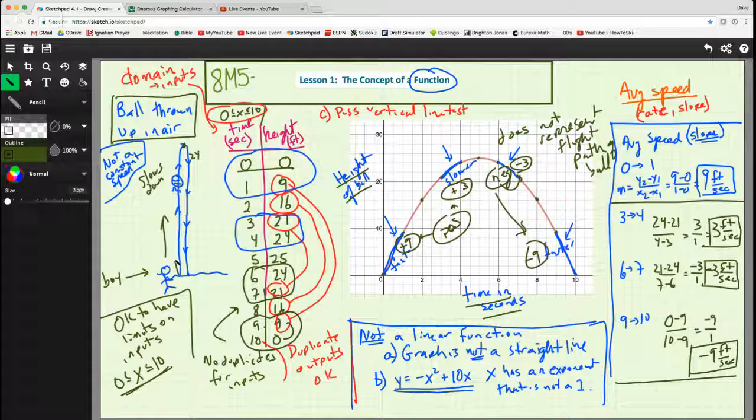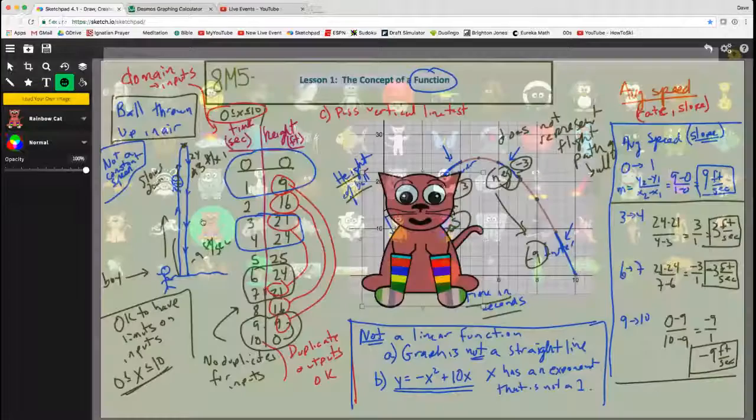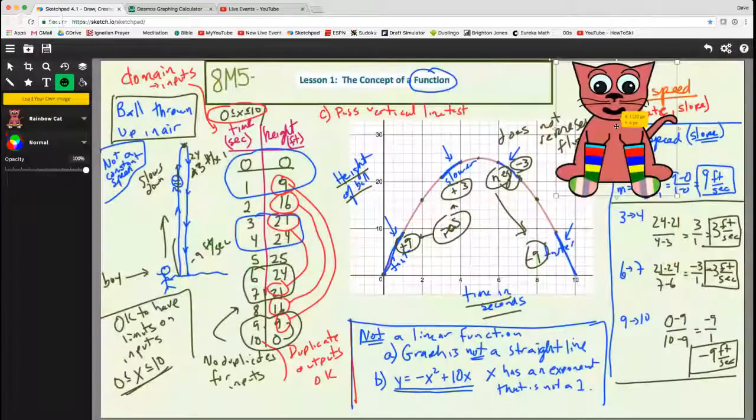So we're at a fast 9 feet per second, then we slow to 3. We come to a stop here at 0, and now we start to pick up speed but now we're going minus 3, which means we're going down 3 feet per second. And then here we're at negative 9 feet per second. So let's give ourselves a little happy cat here, right there in the middle.